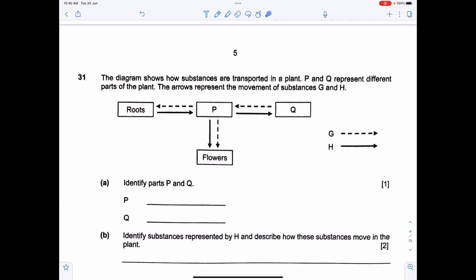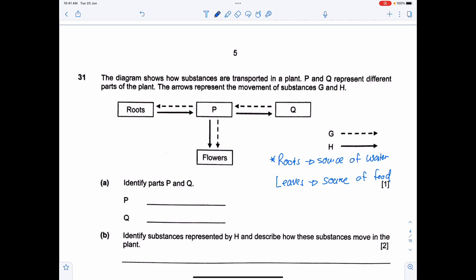Because your roots would be your source of water. So that means it should start from your roots. Your leaves would be your source of food. This is where your food should originate from, because food is made in the leaves and transported to all other parts of the plant. Do you understand?